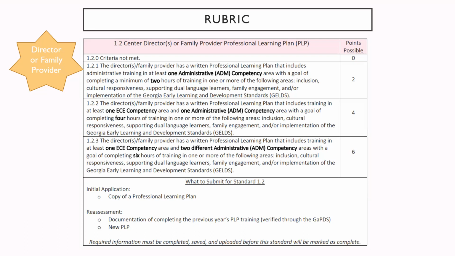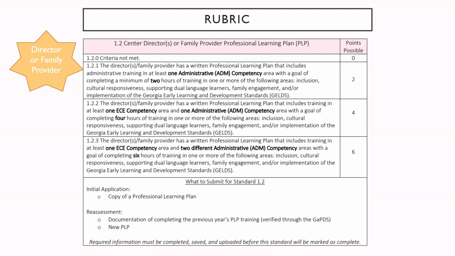For 4 points, the written PLP must include training with at least one ECE competency area and one admin competency area, with a goal of completing at least 4 hours of training that focus on the listed trainings.